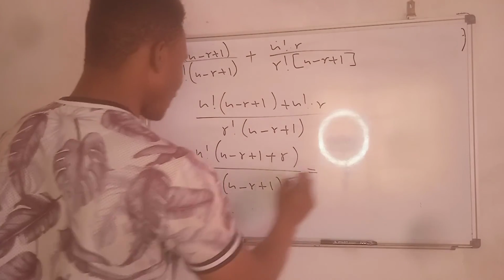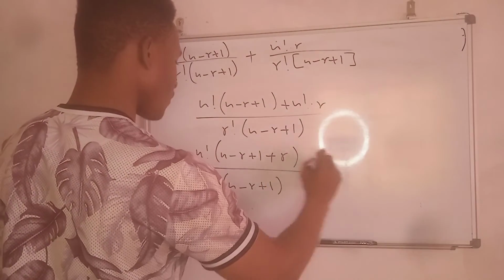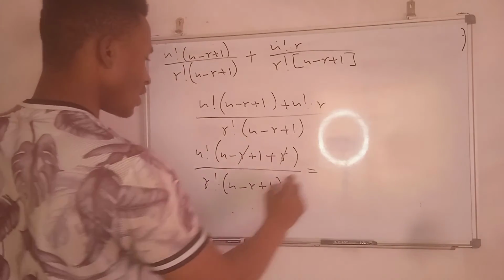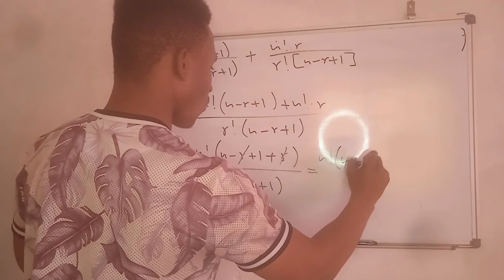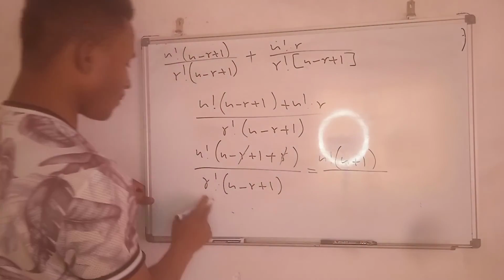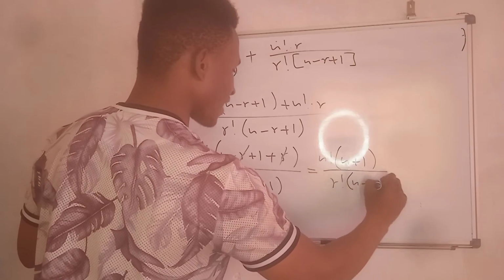And this can be written as, if I add r and r, they cancel out. So I'll be left with n plus 1, and then I will divide it by this part, r factorial times n minus r plus 1 factorial.